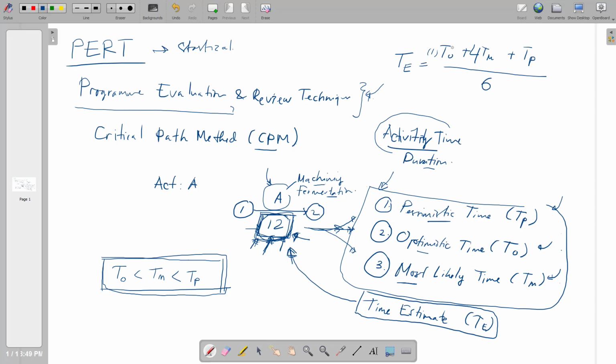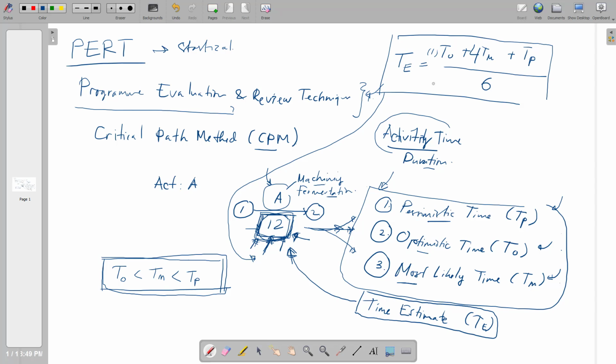So this is the formula for calculating the duration, where the TE will be used for the calculation of the duration in the network diagram.